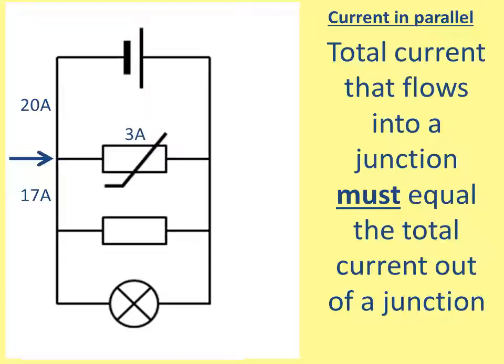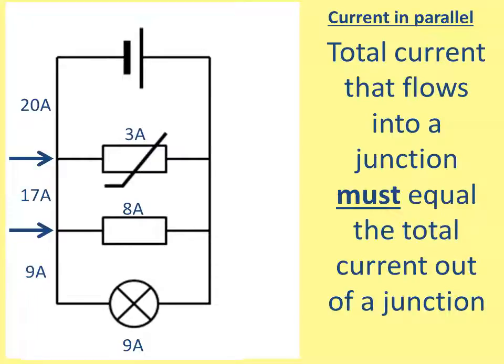We can now see that the 17 amps comes to another junction. If we said, for an example, that 8 amps flowed through that resistor, that means 9 amps must flow down this wire. And because there are no other branches, there's still 9 amps flowing through this lamp.